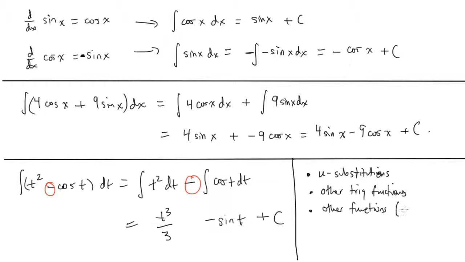By other functions I mean stuff like e to the x, log x, x to powers, square roots, and so on. So what happens when these things enter into the mix? And we'll look at some more of the other trig functions, particularly tangent. That one's nice and interesting.